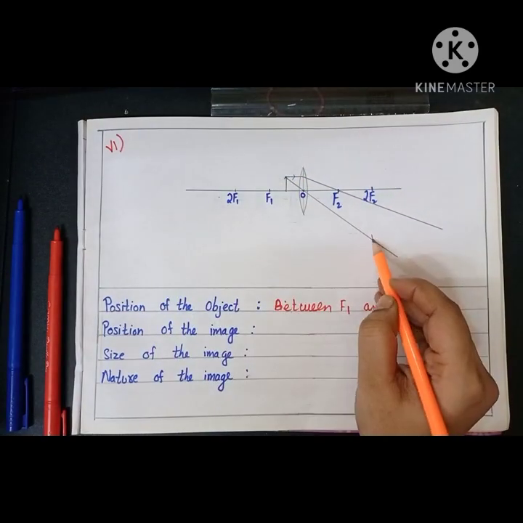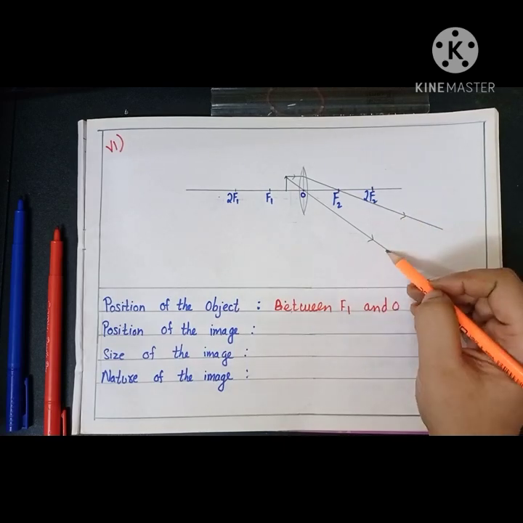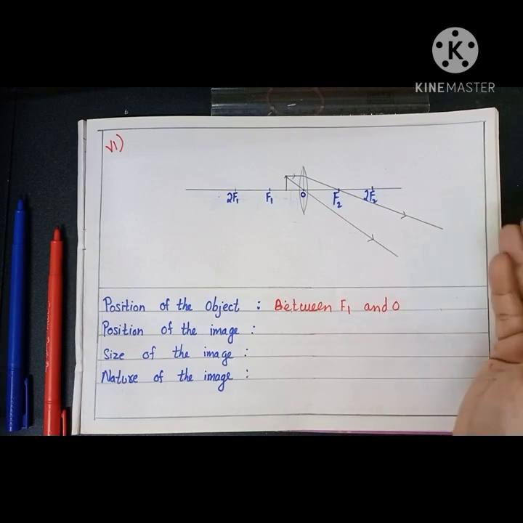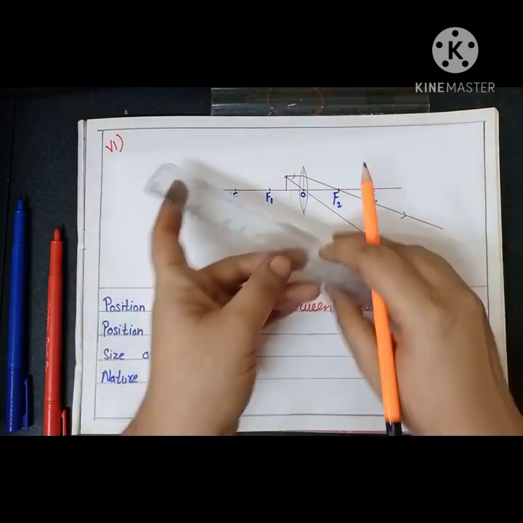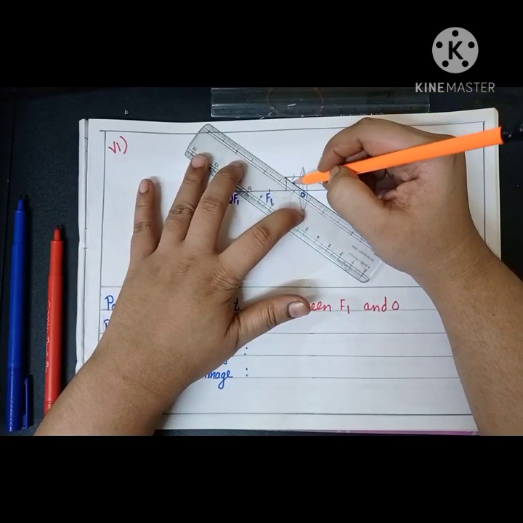Here in this case, student, the refracted rays are not parallel nor they intersect each other on the opposite side. So you will extend the refracted ray on the opposite side.